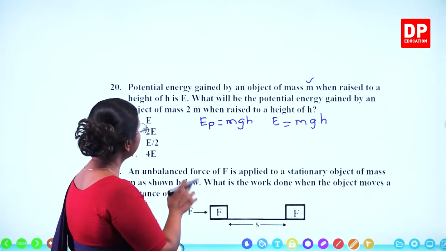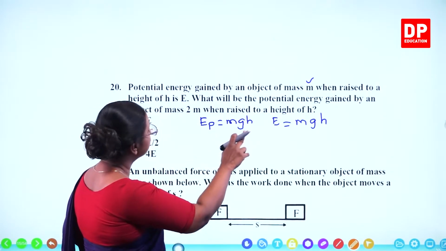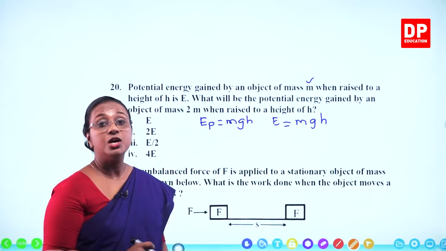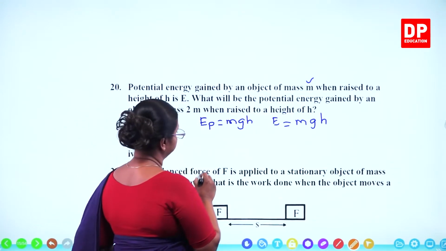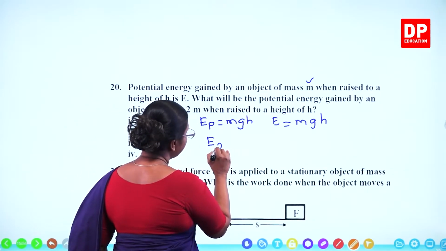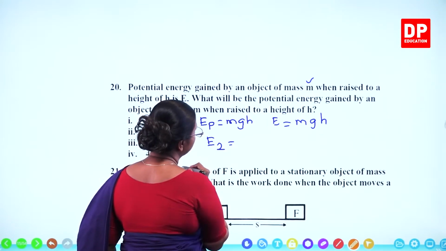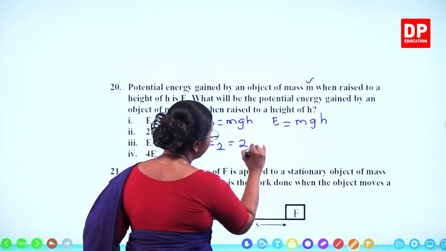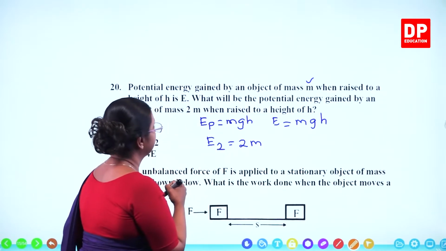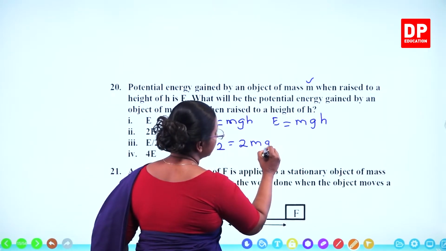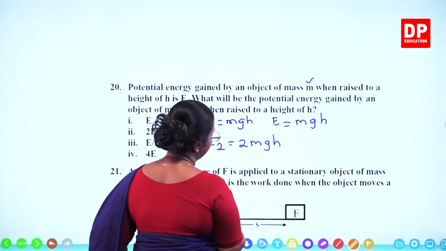Now let's say we will consider the potential energy of the object with mass 2m as E2. So if I write it as E2, that is going to be equal to 2m. Why? The mass is double now. Into gravitational acceleration into h.